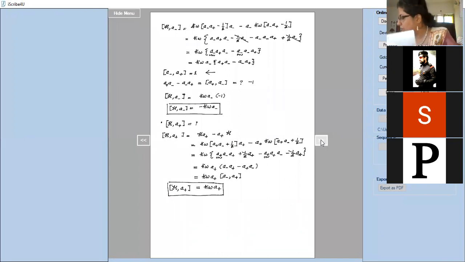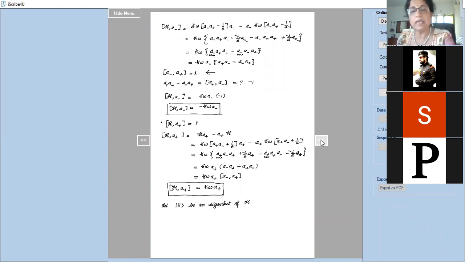For the next relation, let's start concentrating upon the eigenvalues. Let us imagine now that we have E, an eigenket of the Hamiltonian.